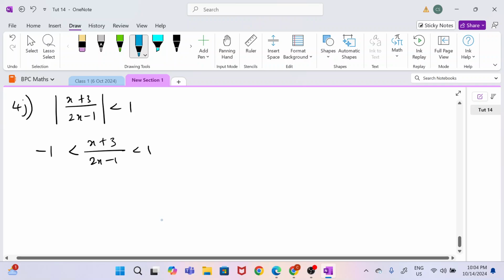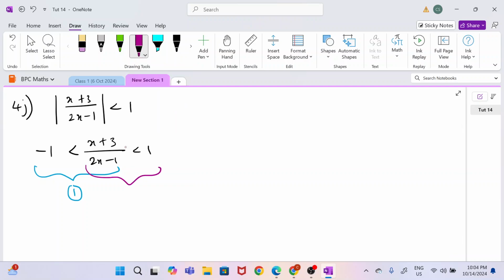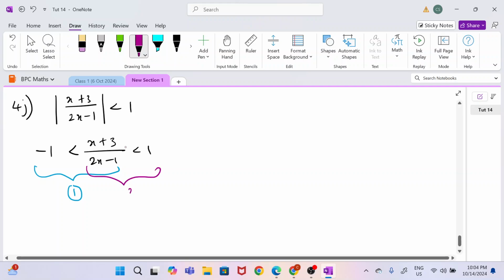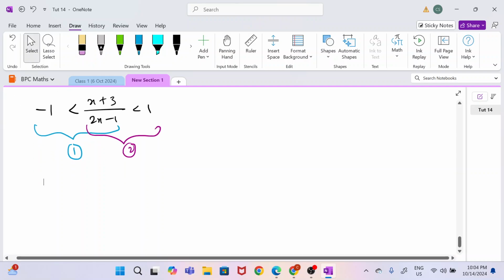So what we do, we split this into two inequalities. One is this one, another one is this one. Okay, two inequalities.